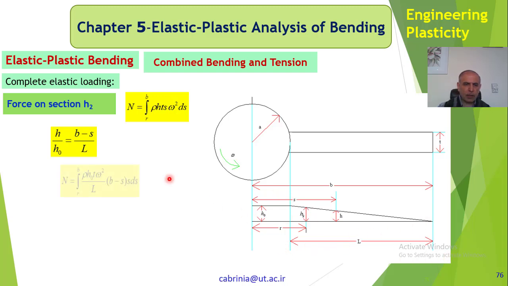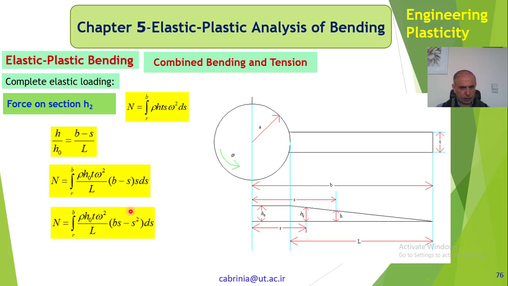If we substitute this for H, then we get rho H0 times B minus S over L times S omega squared dS. In here we don't have H, so we can't integrate, so we substitute for H. H0, B and L are known, so everything here is known, and the variation is in S, and we have this integration here.